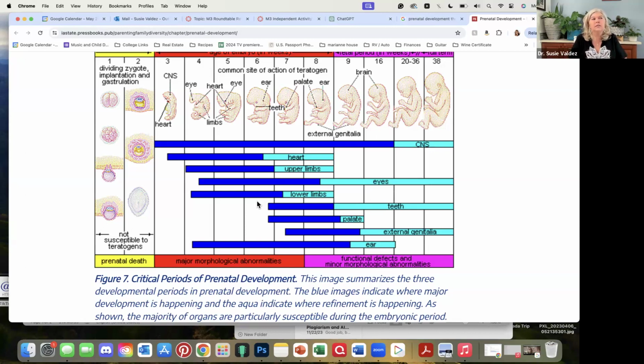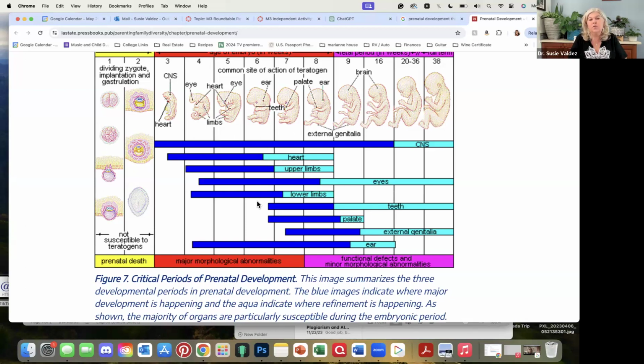Other teratogens: stress is a teratogen. Weather, like if you live in an area where there's a lot of smog, or if you are someone who has to be picking up a lot of things or moving things, that could be problematic. Drinking alcohol, taking drugs, eating fatty foods, eating mercury in fish, things like that are all dangerous to the baby.